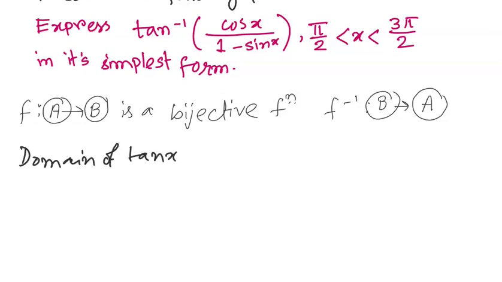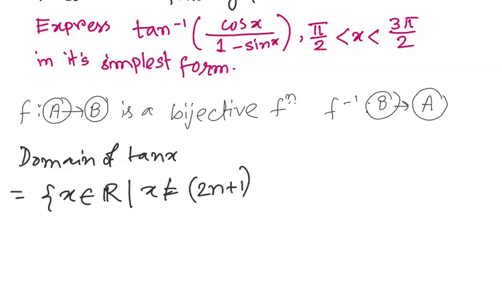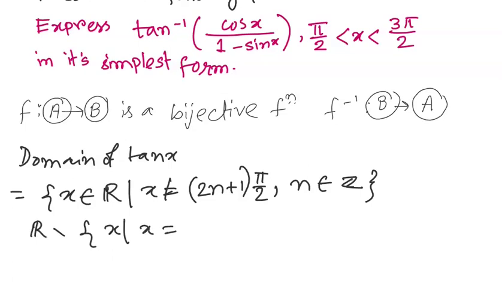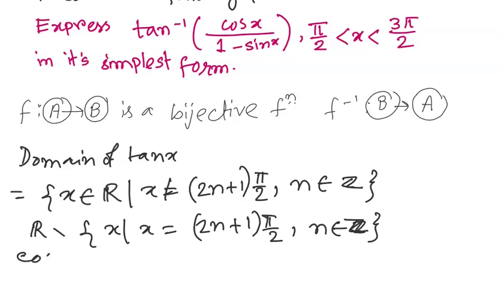So what is the domain of tan x? Domain of tan x is equal to x belongs to R such that x is not equal to (2n plus 1) into pi by 2, where n belongs to Z. That is, from the set of real numbers we subtract the set of points of the form (2n plus 1) into pi by 2, where n belongs to Z. So why are we excluding these points? Because at these points cos x is equal to 0, and we know that tan x is equal to sin x by cos x.